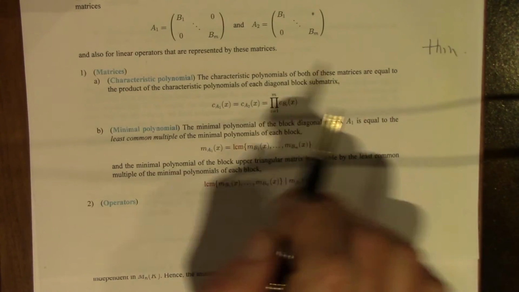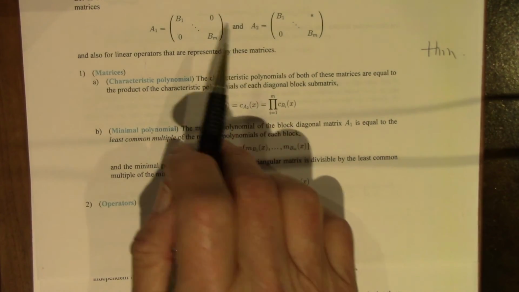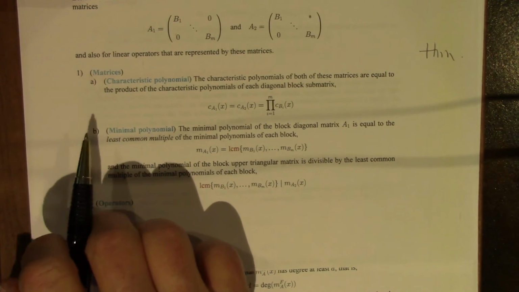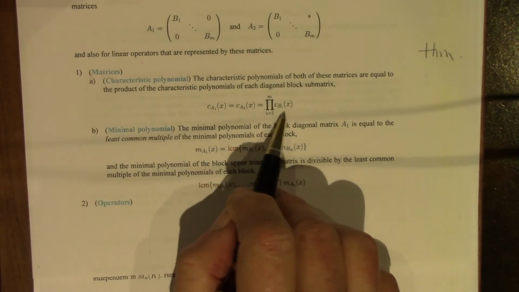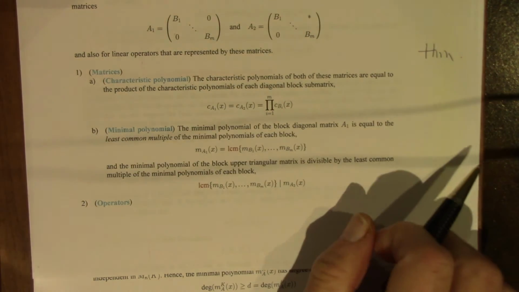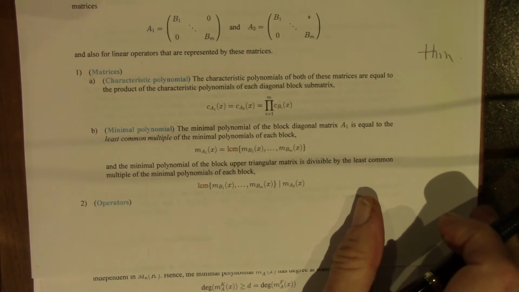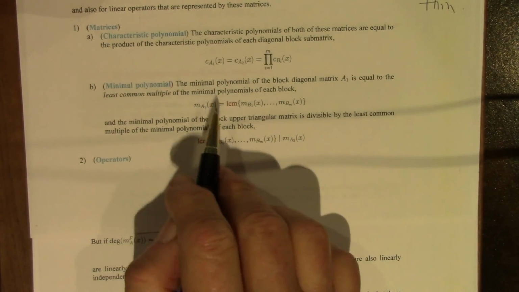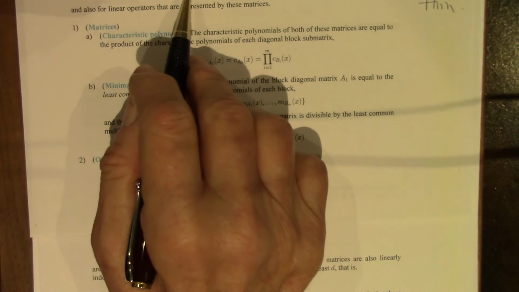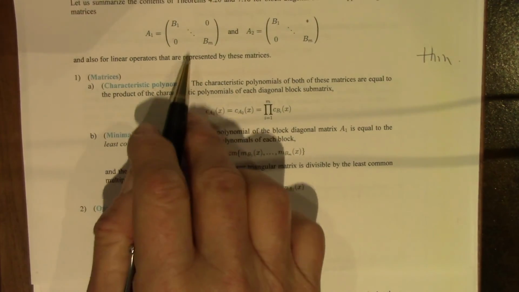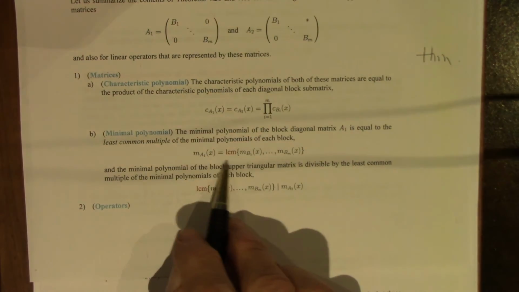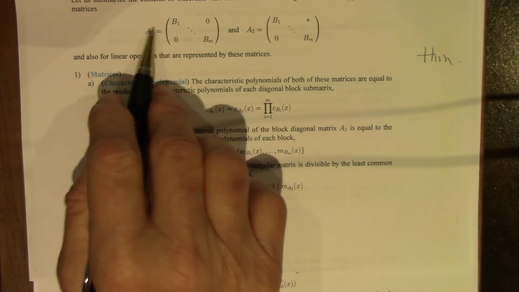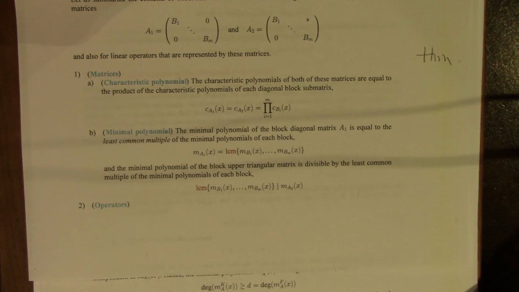Okay. The characteristic polynomials of both of these matrices are equal to the product of the characteristic polynomials of the block matrices. The minimal polynomial for this matrix is the least common multiple of the minimal polynomials of the diagonal blocks.